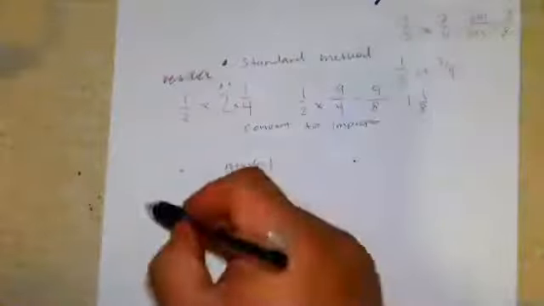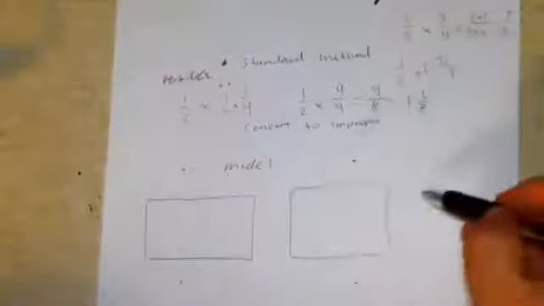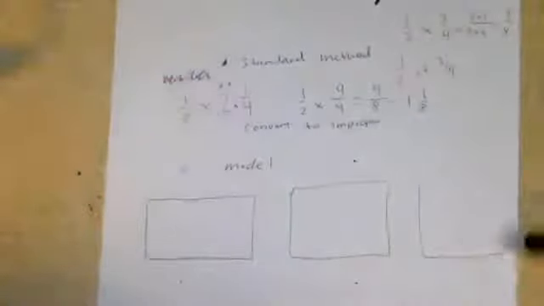So I want to show 2 1/4. So we've got to have two wholes. So 1, 2 wholes, and I still need another whole here.